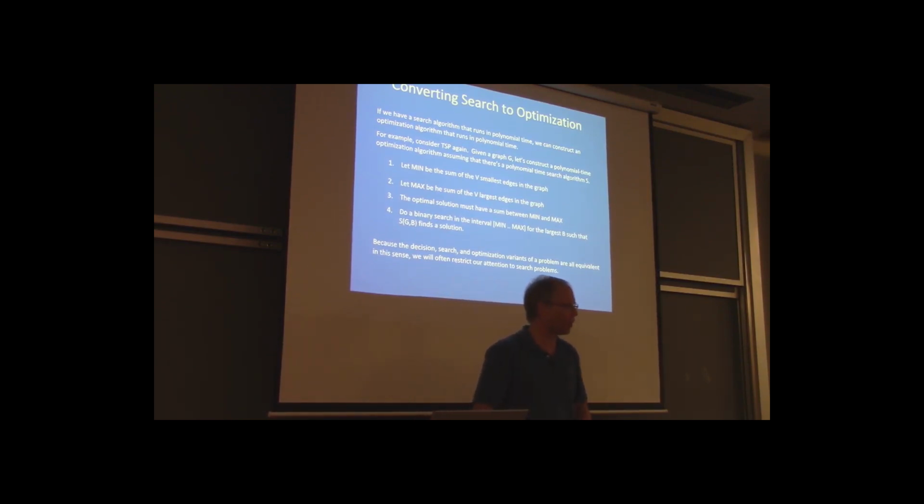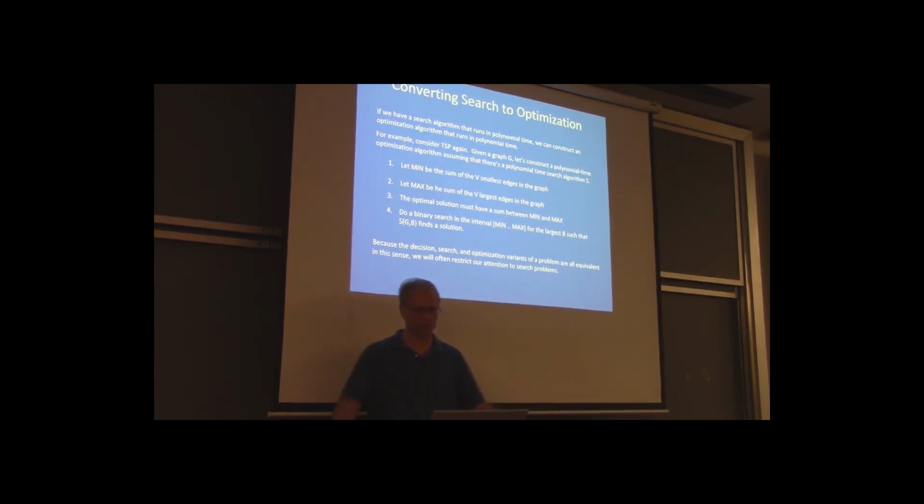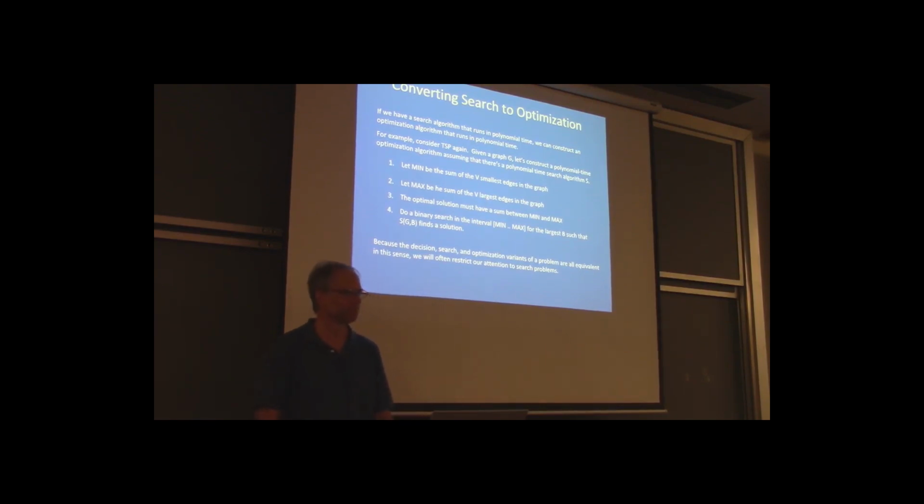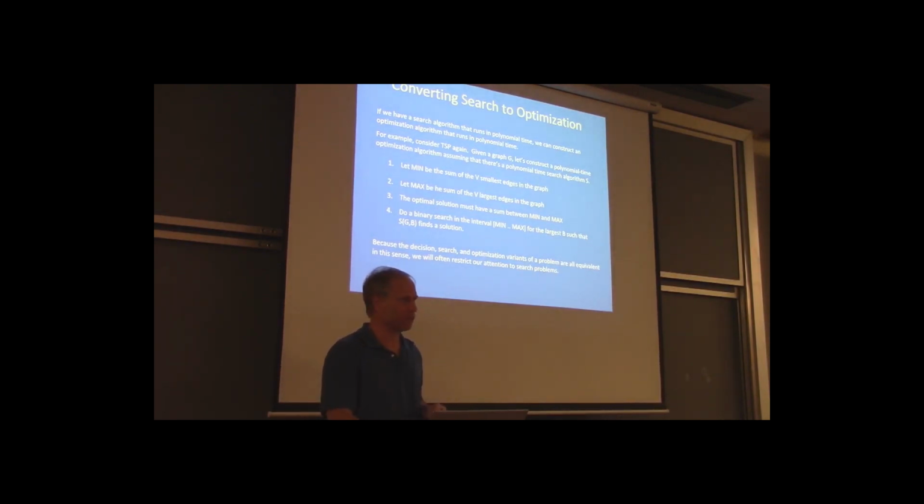No one knows a polynomial time algorithm for any variant. Okay? The best known solutions are exponential time. And it's considered unlikely that a faster algorithm will be found. And that's in fact what I'm trying to explain, why that statement I just made is true, but we're not quite there yet. Okay? So for now, what we've shown is that the decision, search, optimization distinction really isn't important.